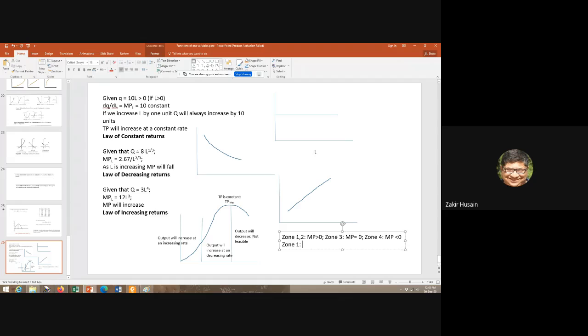See, what is the first derivative? You've got a function, you've got TP. If you take the first derivative, F prime, it is marginal product, right?